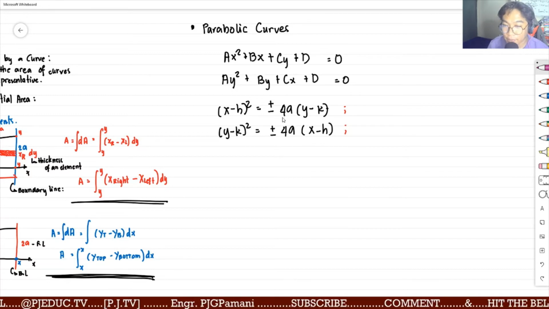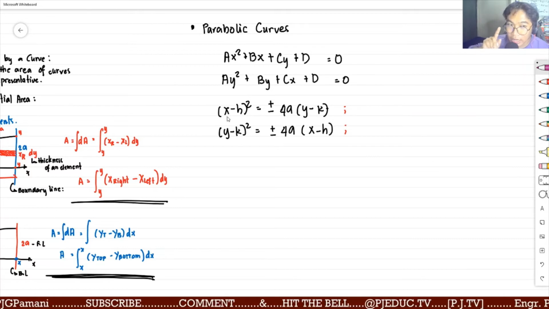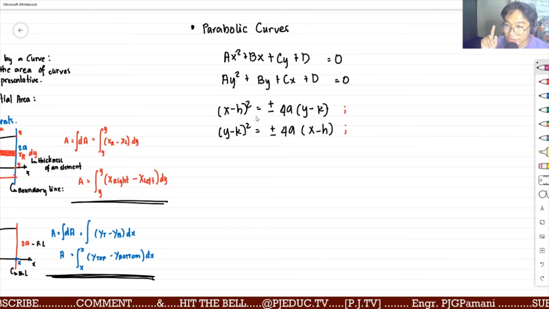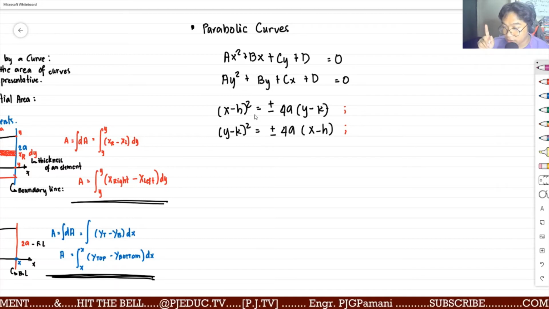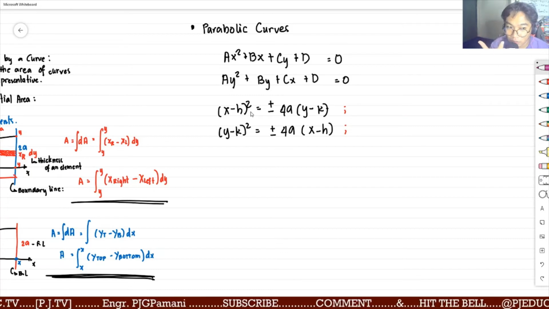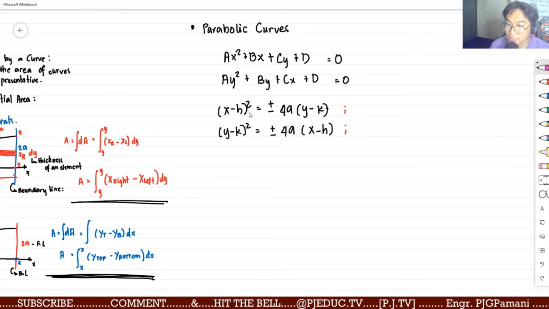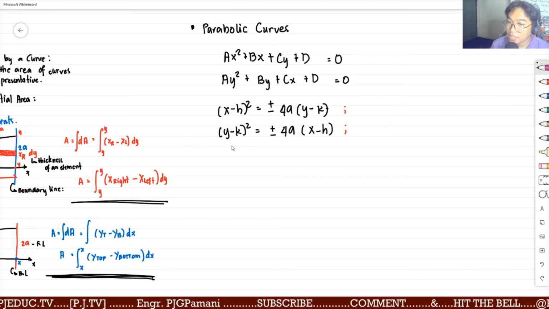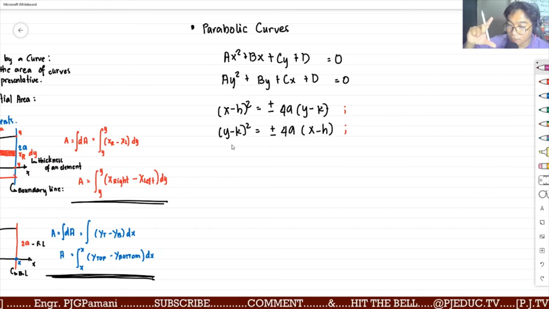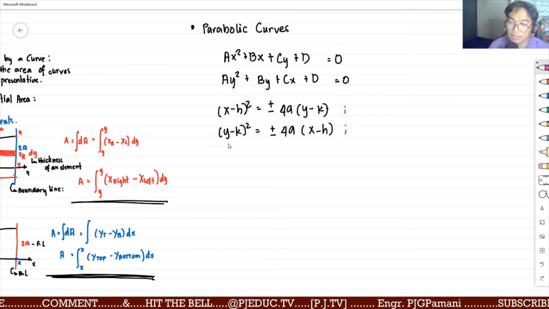Now, if the parabolic curve is in reference with the x-axis, our completing the square always starts with x minus h squared, such that the latus rectum and the focal length will be in reference to the x-axis. And if it is in regards to the vertical axis, our completing the square always starts with y minus k squared, and the latus rectum and the focal length 4a will be in reference to the vertical axis.